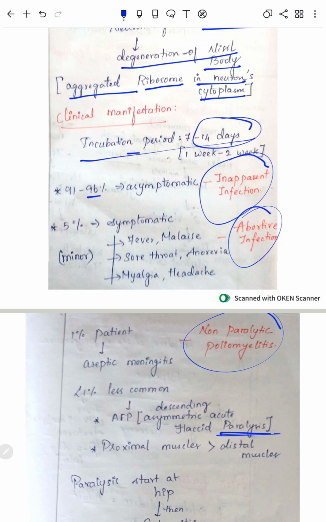That is inapparent infection, and 5% of people are symptomatic with mild infection. They have fever, malaise, sore throat, anorexia, myalgia, and headache.